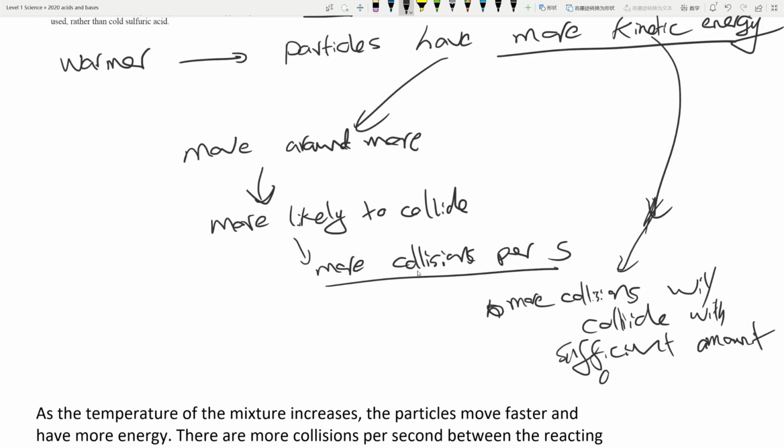I'm running out of space. I really need a bigger tablet. So that means higher rates of reaction, or more effective collisions per unit time and a higher rate of reaction.